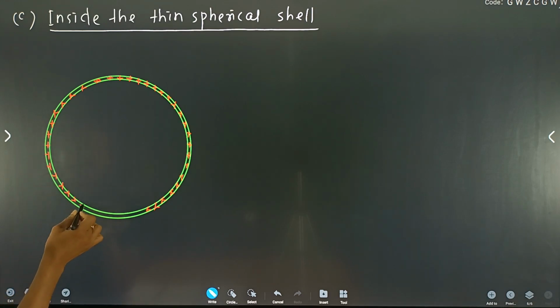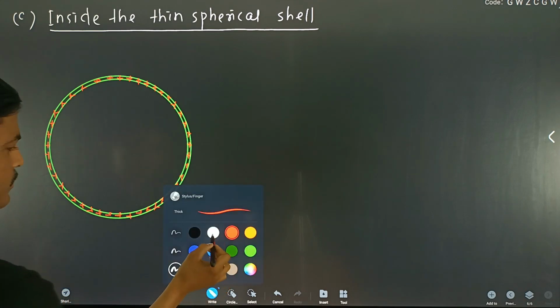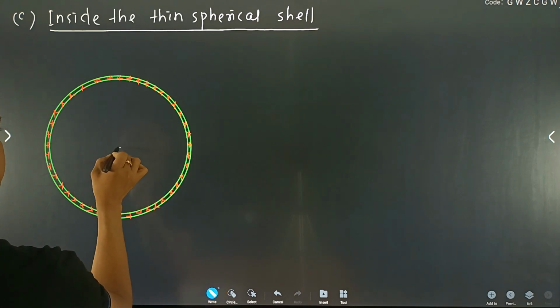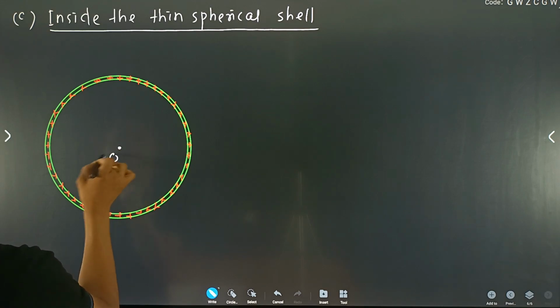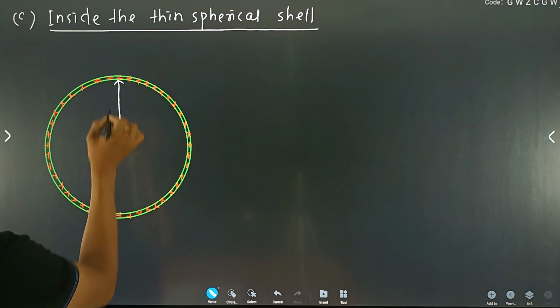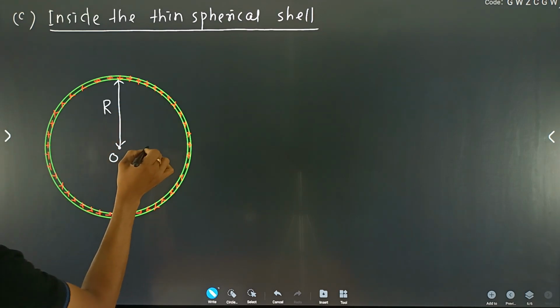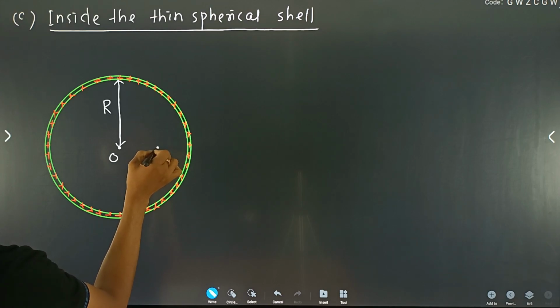And here the observation point is situated inside the thin spherical shell, and this point is the center. For center we write O, and this one is the radius, you know that, and for radius we write capital R. Suppose this is the observation point.